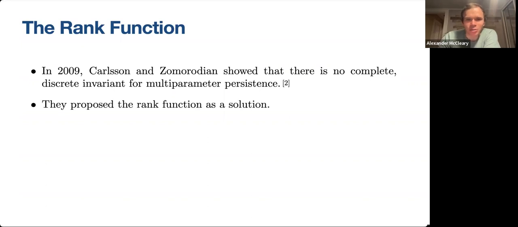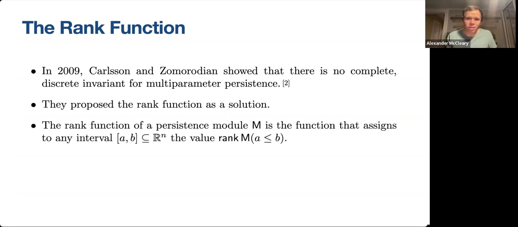Now, they did propose a solution. They proposed the rank function. Let's say we have a multi-parameter persistence module, and we're just going to look at the function that assigns to any interval the following. If we pick a pair of points, A and B, in R^n, and let's say A is less than or equal to B, this function assigns to that interval the rank of the map.